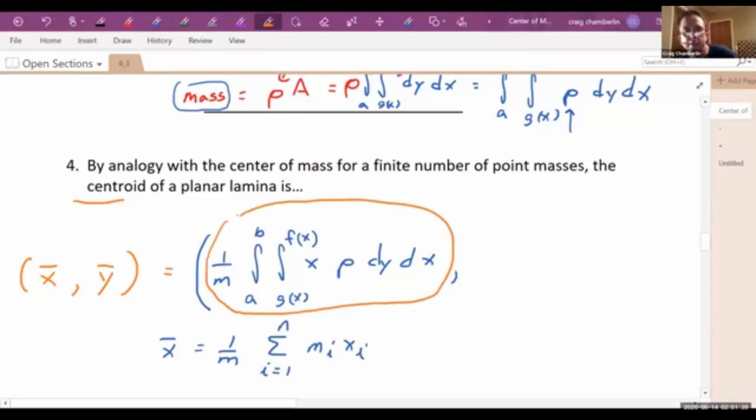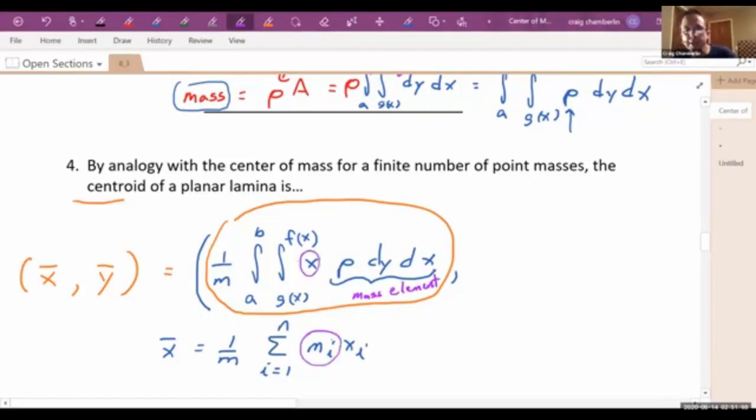So how do you see that? Well, look, remember how you think of dy dx as the area of one of those tiny little boxes in that grid that I created earlier? If you multiply the area of one of those tiny boxes by rho, then you have what I would call a little mass element. So that rho dy dx is kind of like the m sub i here.